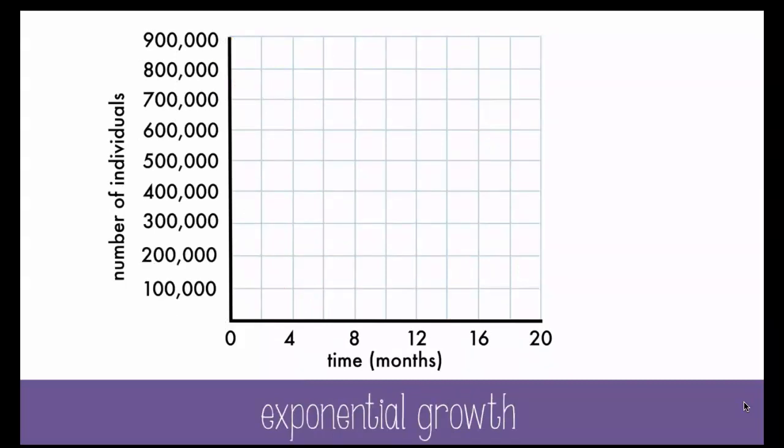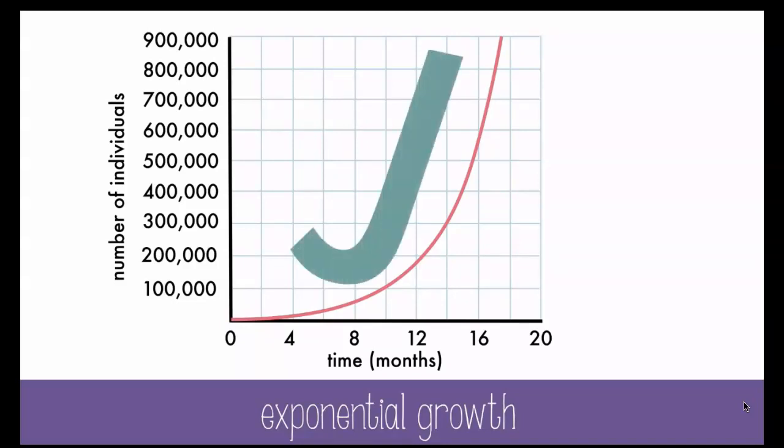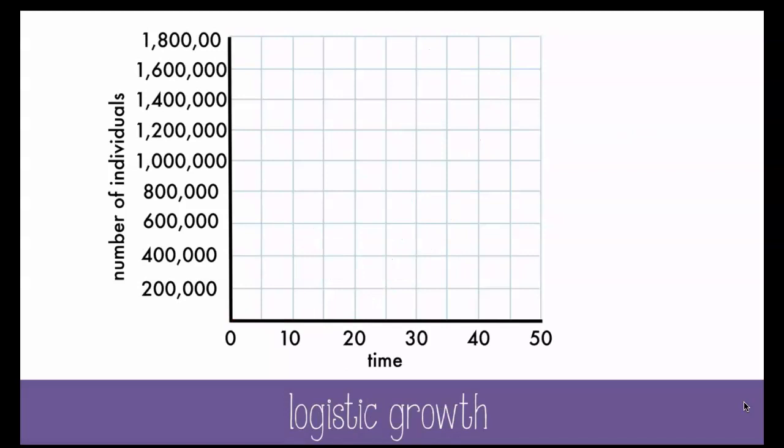If you watch a population begin to grow over time, you'll find that the population size expands by ever-increasing increments during successive intervals. The larger the population gets, the more individuals there are to reproduce, which leads to exponential growth. This graph is sometimes called a J-curve because of the shape of a J that it makes. At this point, there are unlimited resources and unlimited space. But the reality is that at some point, space and resources will run out.